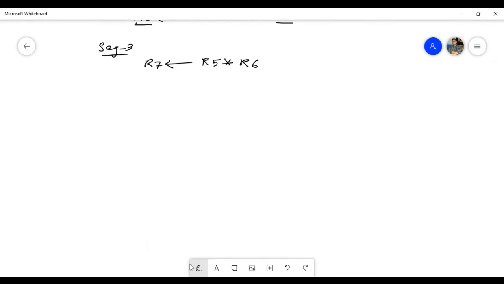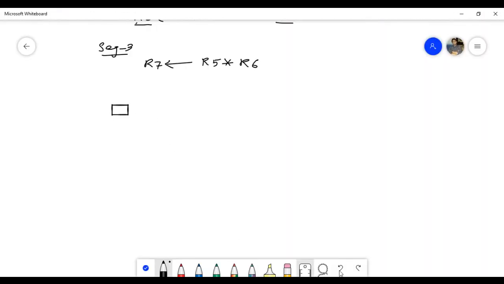In the first segment, we are initializing the values of A, B, C, and D to R1, R2, R3, and R4. That is R1, this is R2, this is R3.